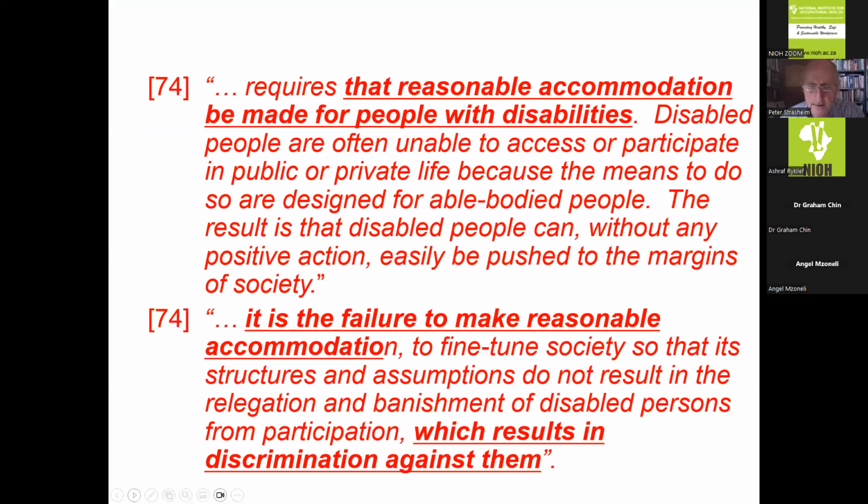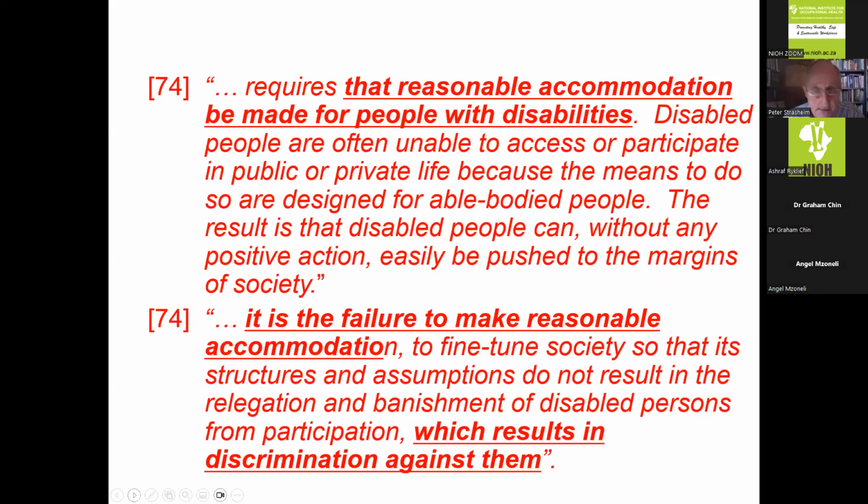Now, that's exactly, of course, what happens unless reasonable accommodation is examined and considered by medical practitioners in their reports, by OTs in their reports, by psychiatric social workers, by safety and health professionals in safety considerations, and by employers and IR and HR. Because, and this is the key, this is why reasonable accommodation is so serious.